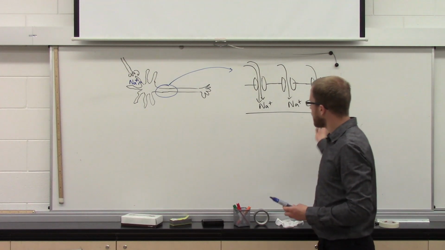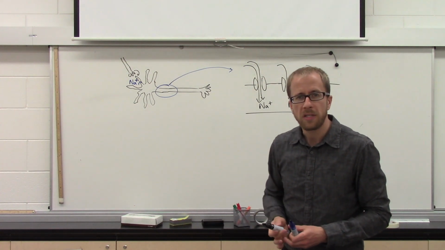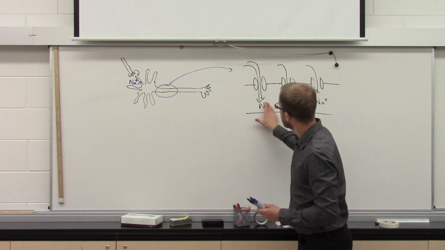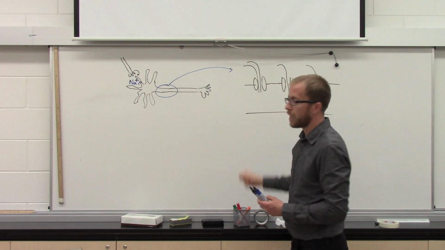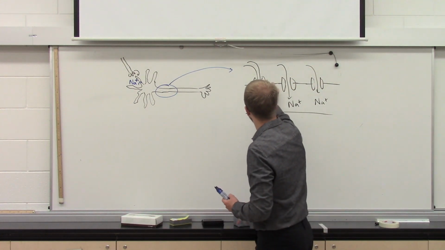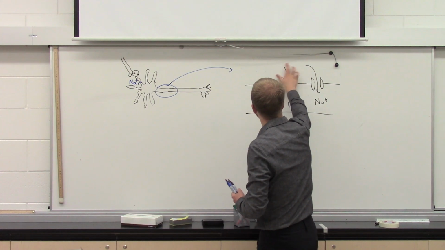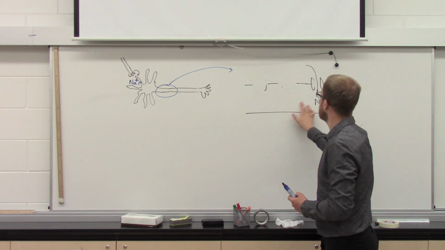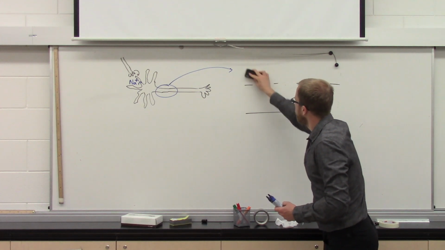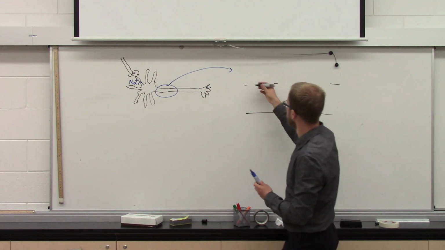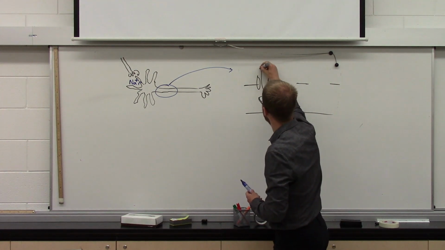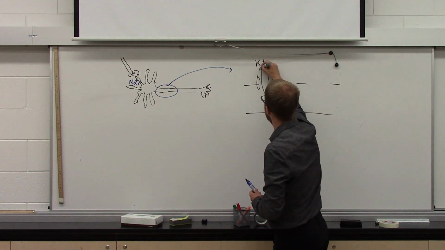Now, to reestablish membrane potential, what's going to happen is these ion channels here, these sodium channels, will close as the membrane potential gets very high, right? And your voltage-gated potassium channels will then open up. Those voltage-gated potassium channels allow potassium to rush out of the cell.